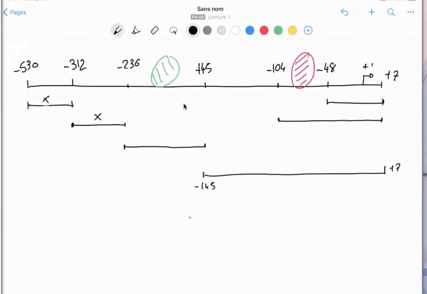You see the mouse on the screen? Yes? Okay. So this fragment, -145 till +7, you see in the exercise that you have two complexes that are formed. Do you see them?